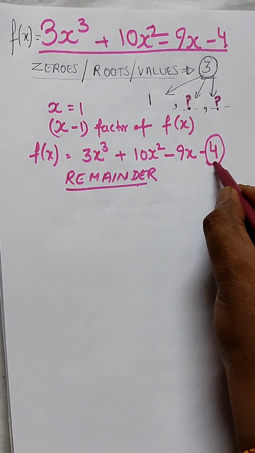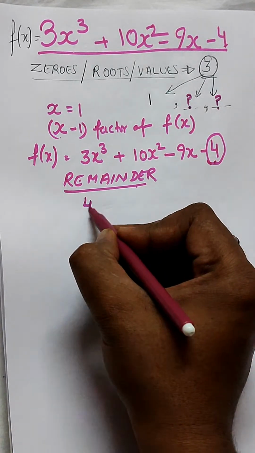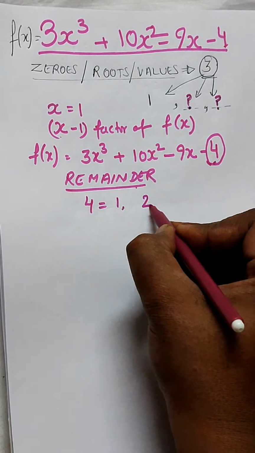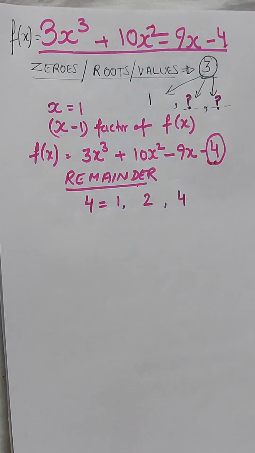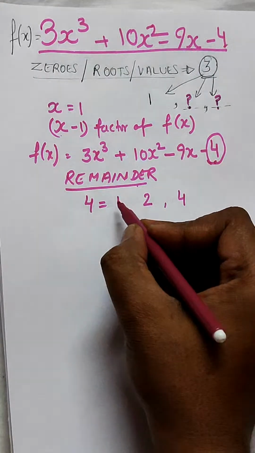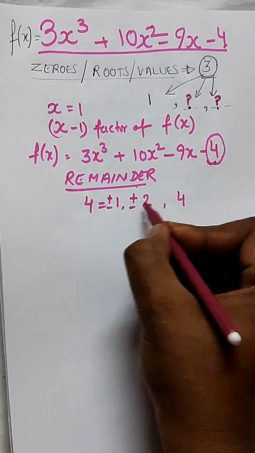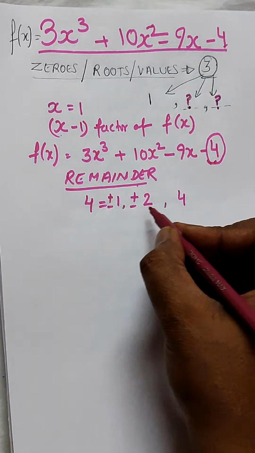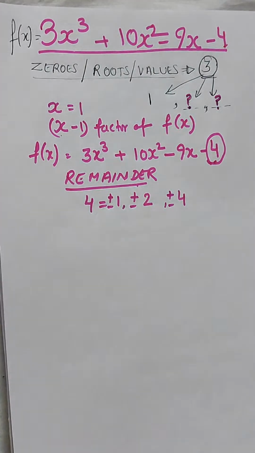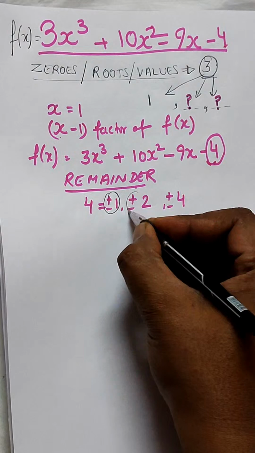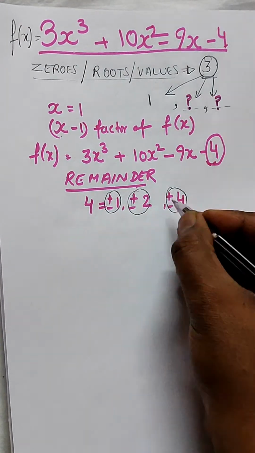Now take the factors of 4. The factors of 4 are 1, 2 and 4, right? And take the plus and minus sign both, because when you multiply minus with minus, it will come as plus. So the factors of 4 are plus minus 1, plus minus 2, plus minus 4.